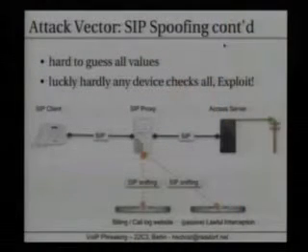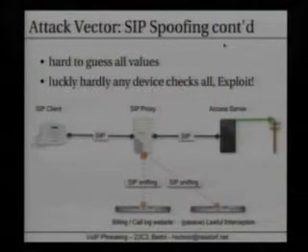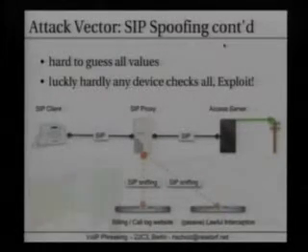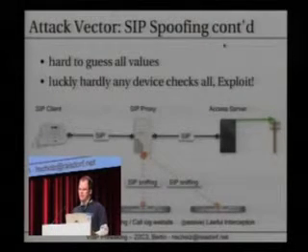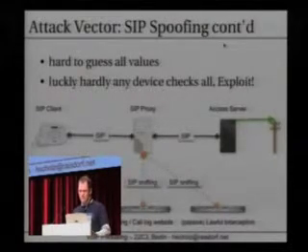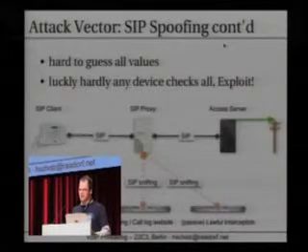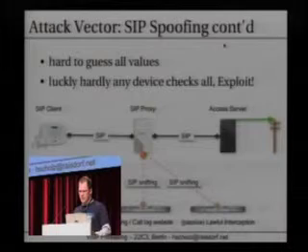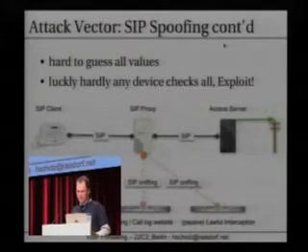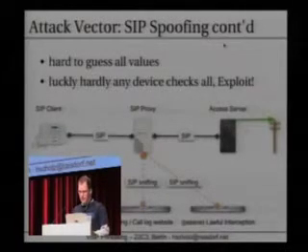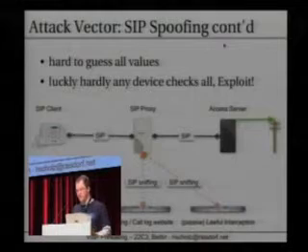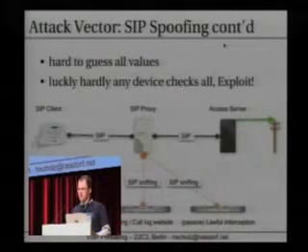As I said, it's hard to guess all values, but luckily, not all devices are checking everything. So if you're placing a call to a SIP network, to a PSTN network, and your SIP proxy might forward on a packet, but if you're changing the way your packet looks for consecutive messages, like for the BYE or the CANCEL to tear down your connection, and just change it so your SIP proxy does understand it, and your access server does understand it, or probably your access server doesn't understand it at all, or some billing site doesn't understand it, or the government doesn't understand it, it might be lost on the way.